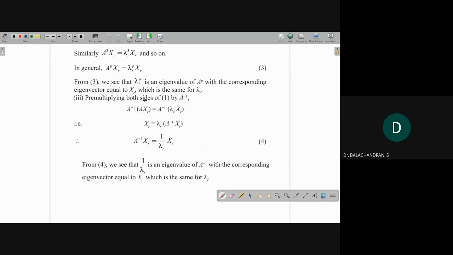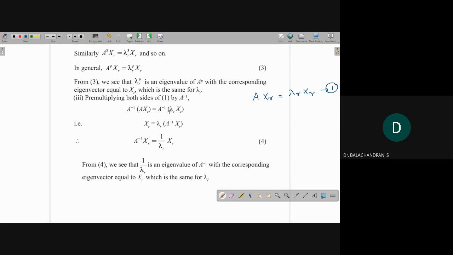Pre-multiply both sides of equation 1. What is 1? A Xr equals lambda r Xr. If you pre-multiply by A inverse, you get A inverse into A Xr on the left, and on the right A inverse into lambda r Xr. A inverse into A is the identity matrix, so I into Xr is Xr.